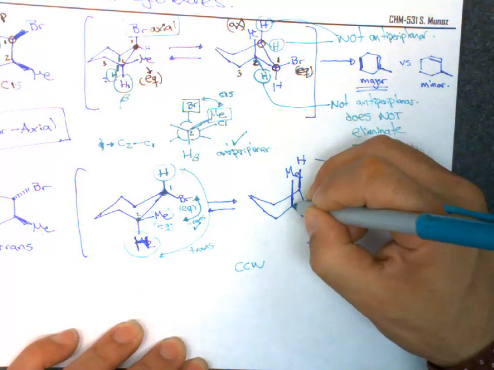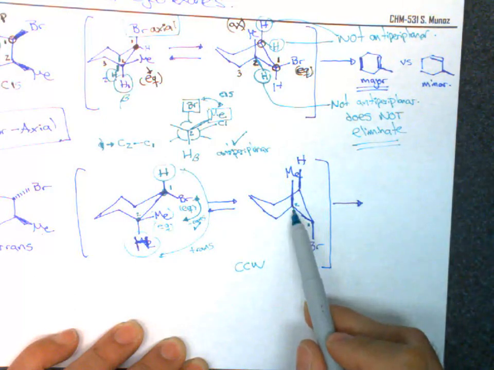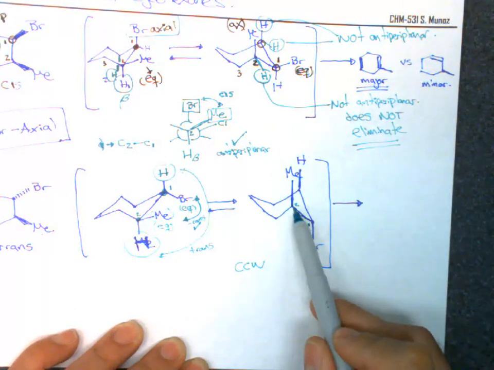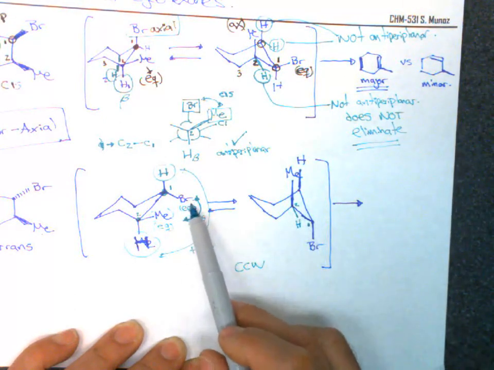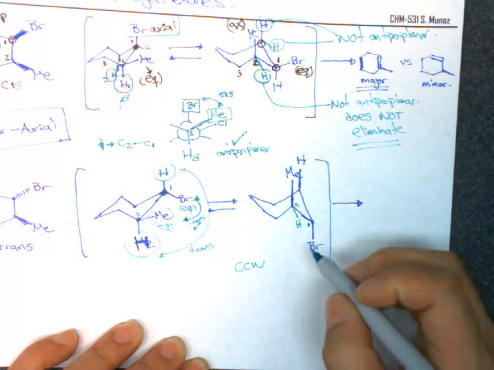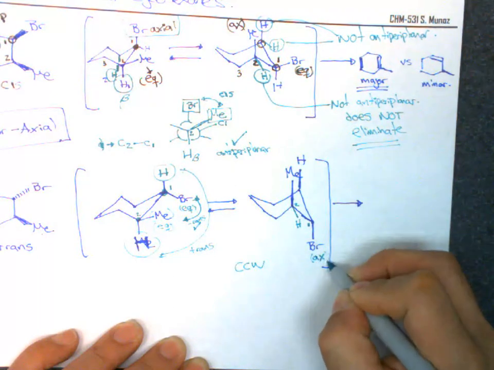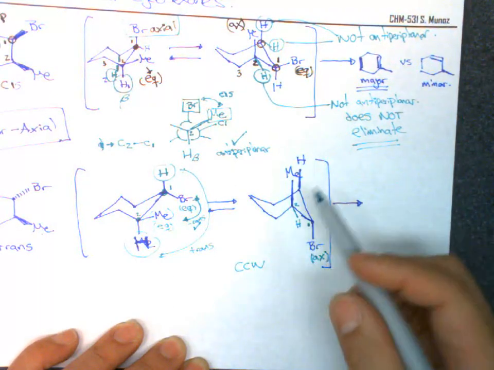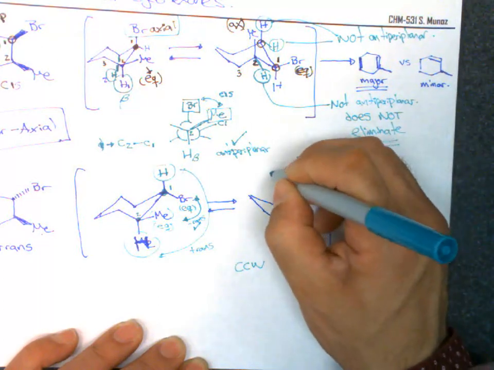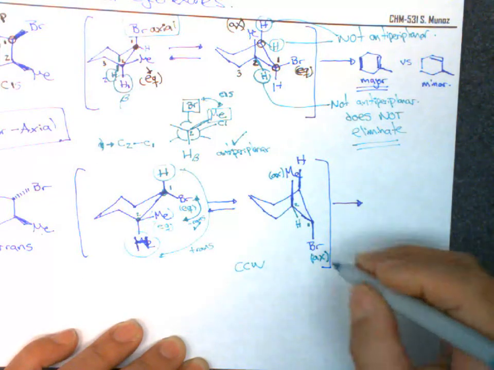So now 2 is going counterclockwise, the one with the methyl. And so if the bromine was equatorial, once I do a chair flip, it's axial. At this point, everyone should be an expert in doing chair flipping. Now, if the methyl was equatorial, now it's axial. But I don't care about the methyl, I care about the beta hydrogens.